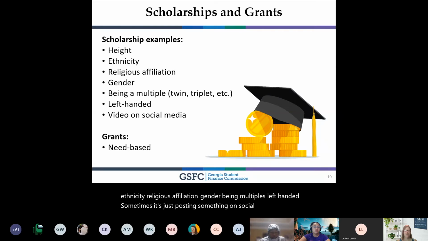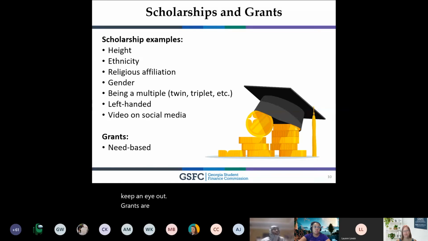I'm seeing a lot of part-time work at McDonald's and Chick-fil-A and places like that that have scholarships related to the part-time jobs. So there are scholarships in quite a few different places, so keep an eye out. Grants are typically need-based, which means based on financial need, based on the FAFSA information, and we'll talk about that a little bit later.